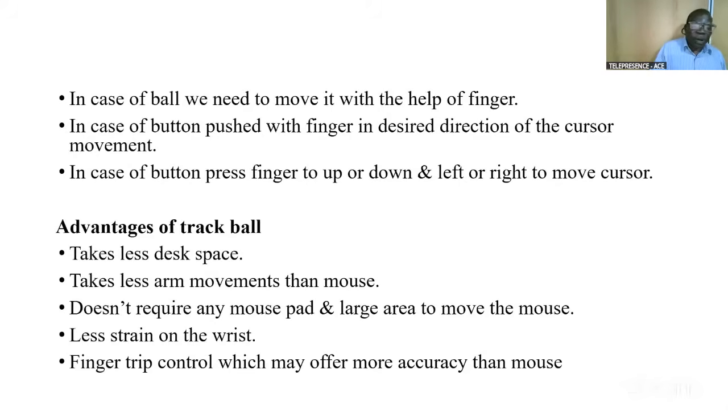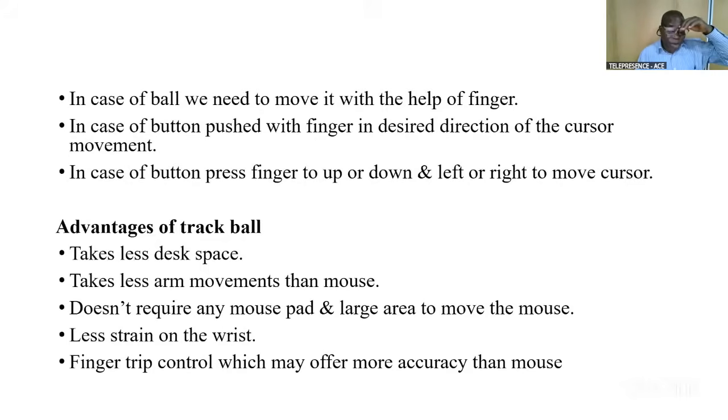In the case of a ball, we may need to move it with the left finger. In the case of a button push, with the finger in the desired direction of the cursor movement. In the case of a button press, press the finger up and down, left or right to move the cursor.